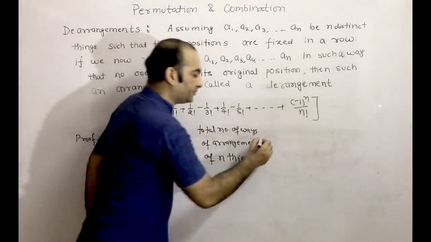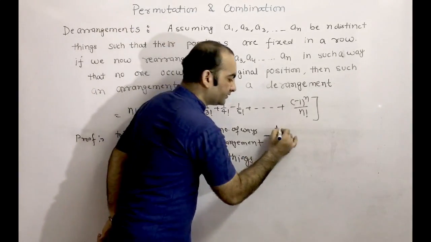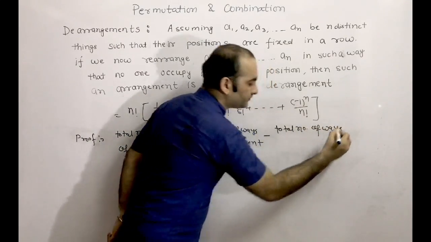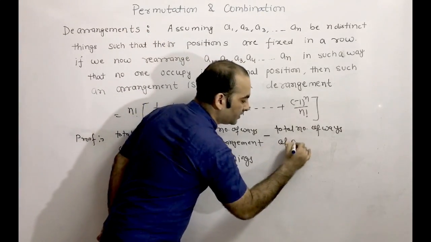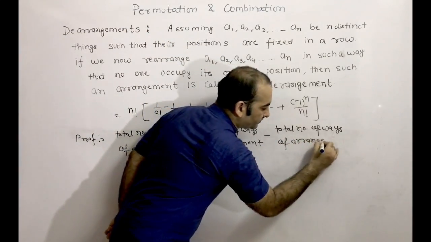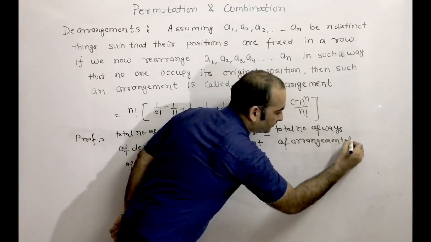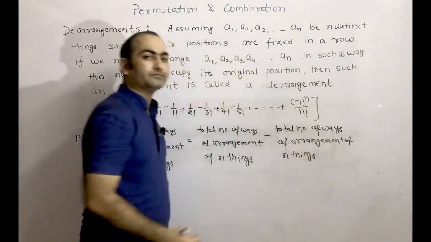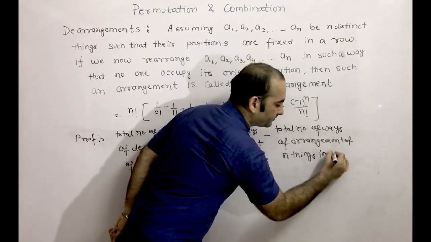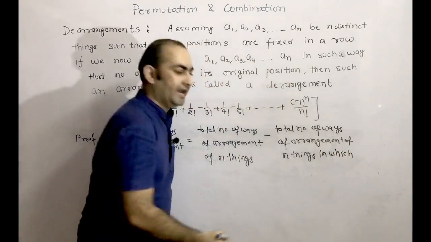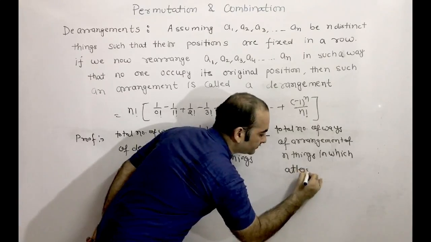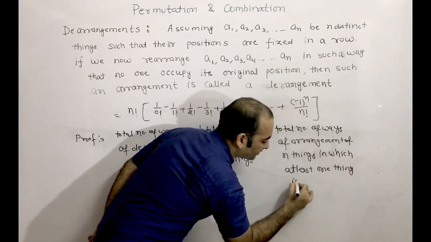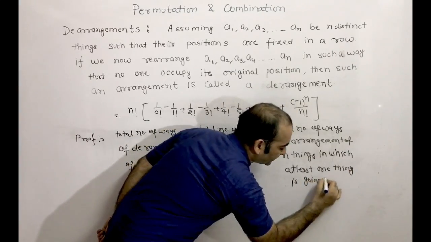From here we have to subtract the total number of ways of arrangement of n things in which at least one thing is going to its correct place.